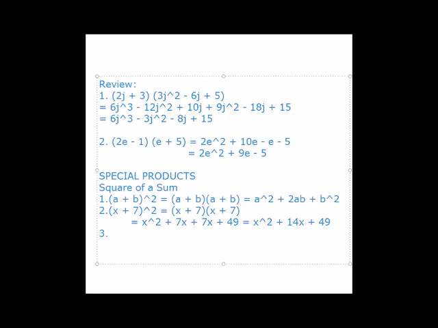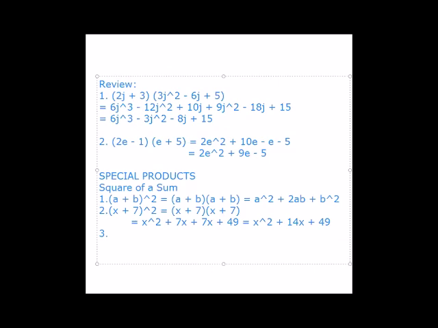Then plus 2ab: 2 times a, which is x, is 2x, times 7 is 14x. And then our last term, b times b, or 7 times 7, is 49. So x squared plus 14x plus 49.